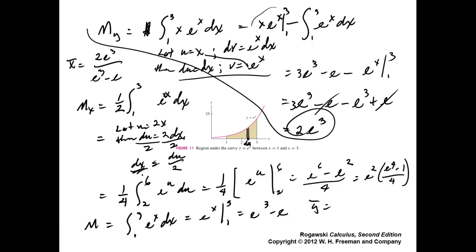I don't know which one's going to be any better or worse. I don't think it really matters. So let's try it this way first.